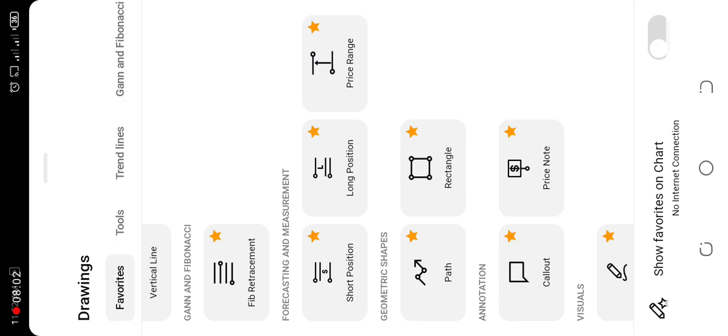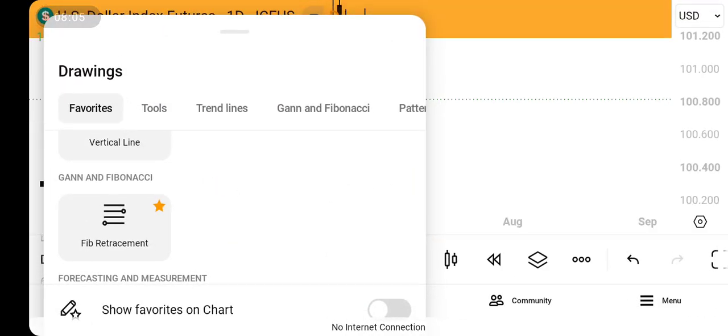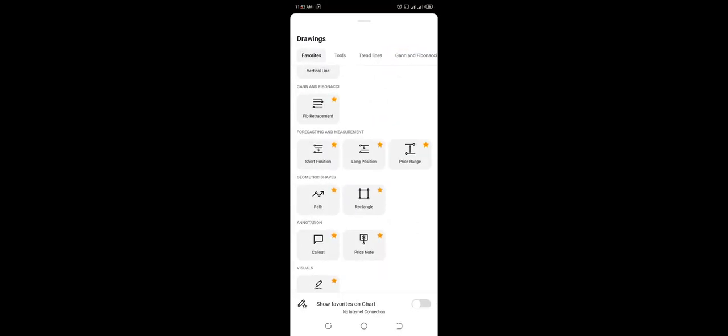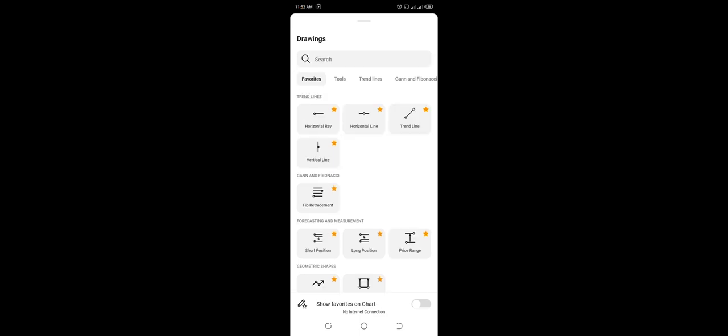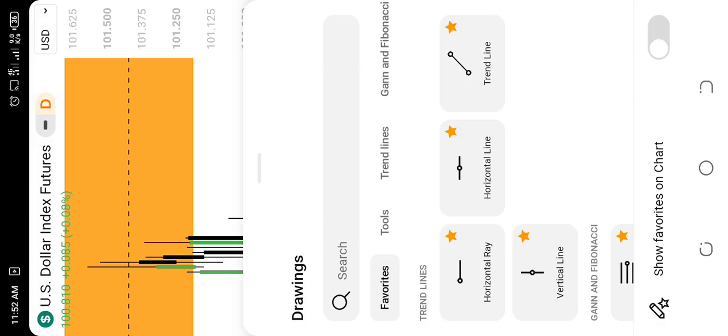Why is it not loading? Wait, give me a second. I think their app is having a little bit of an issue. Oh my god. Just let it load up. Now, what is a mitigation block?